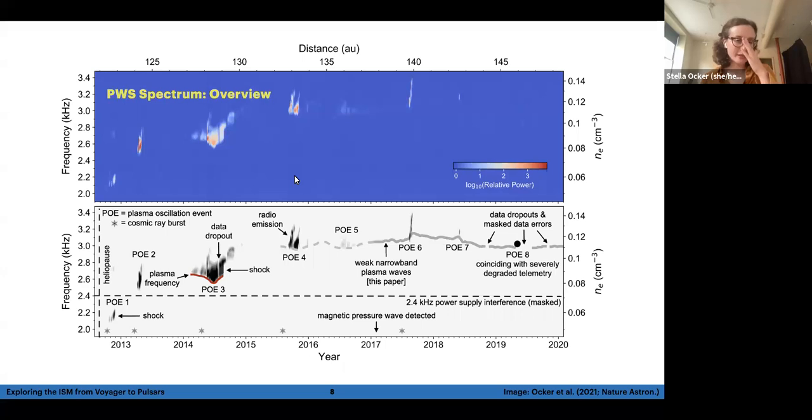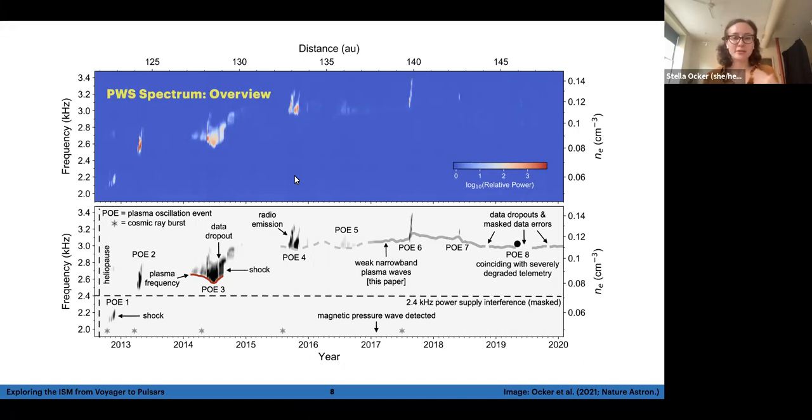These plasma oscillation events have been really useful probes of the very local ISM, predominantly because they're one of the only tracers of the effects of solar activity on the interstellar plasma. And they've demonstrated that the heliopause is not a sharp, hard boundary, but it is in fact porous.